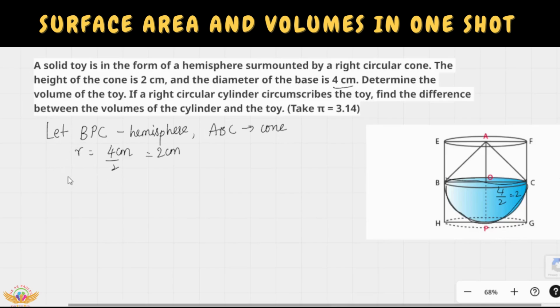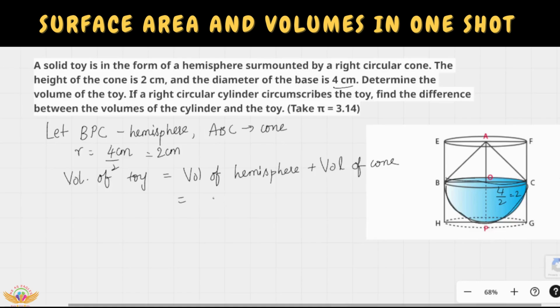Now let us find out the volume of the toy. The volume of the toy is nothing but the volume of the hemisphere plus the volume of the cone.